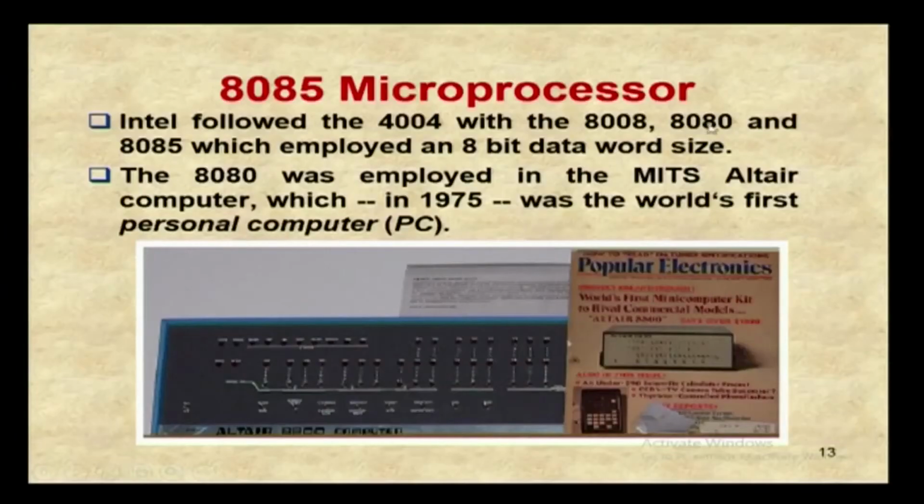Then Intel made 8-bit microprocessors, the 8008, 8080 and then 8085, and in 1975 the first small computer appeared using this microprocessor, a computer on a chip, as you see here in this photograph.